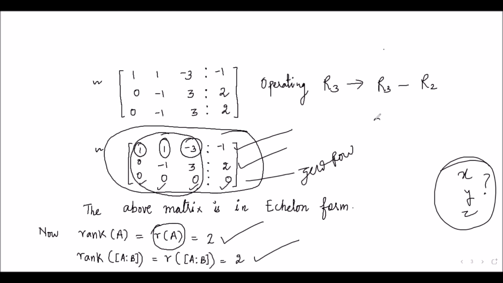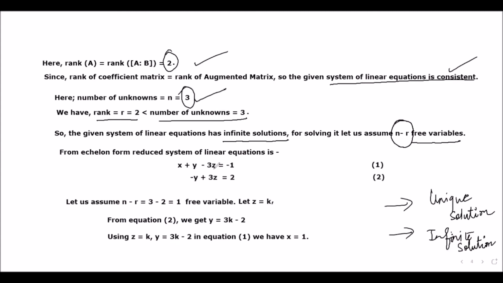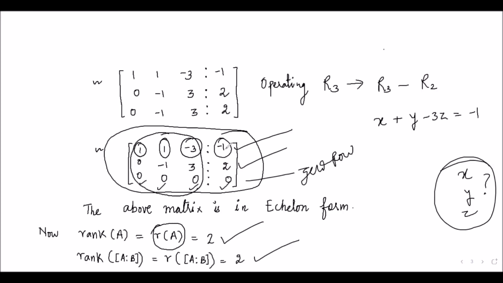So we get x plus y minus 3z, and the right hand side is minus 1. So this is our first equation, x plus y minus 3z equals minus 1, which we have written from the first row of the echelon form.